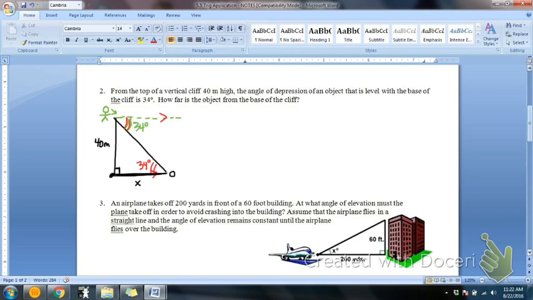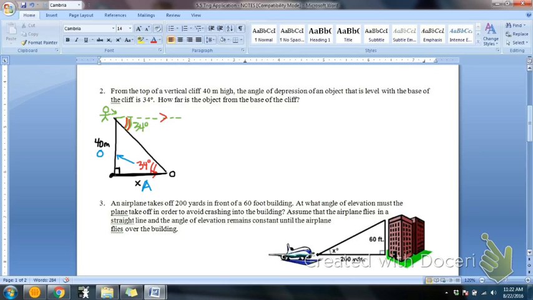So if I have the angle 34, what two pieces have I been given? What's the 40? Opposite, right? And so what's x? Is it hypotenuse or is it adjacent? It's adjacent, good. And opposite and adjacent uses what, Tracy?